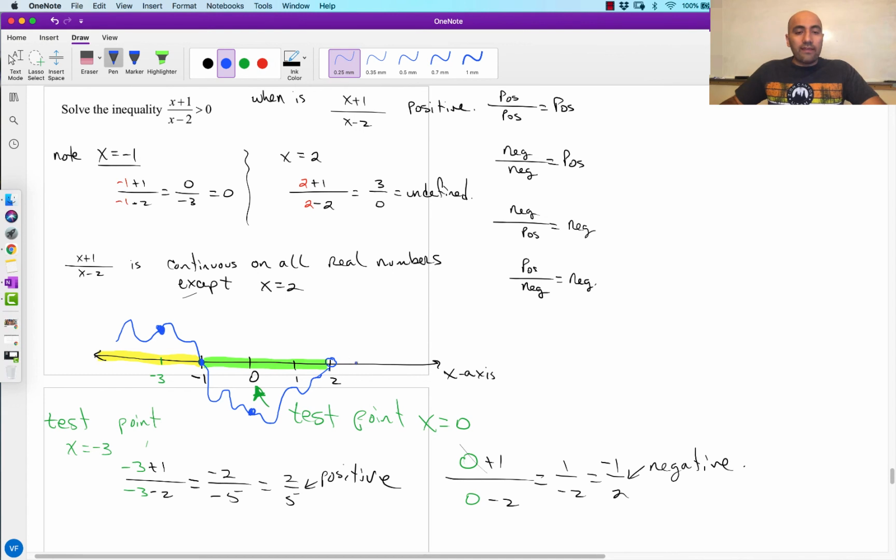Good. Okay, and then finally we have this final segment over here. We need to test a value there. So pick another test point that's definitely on this side of 2, something easy, about 3. Nice easy test point.